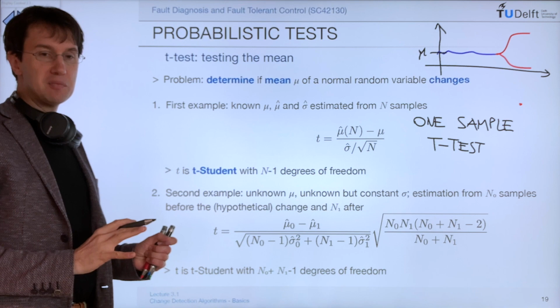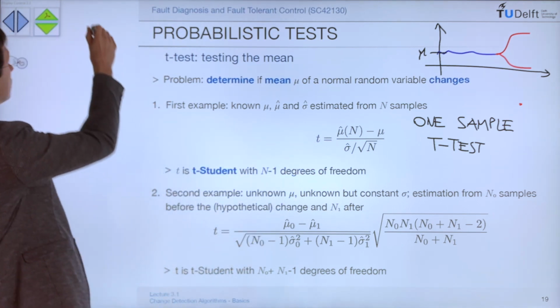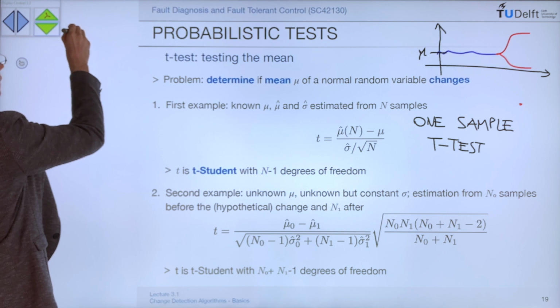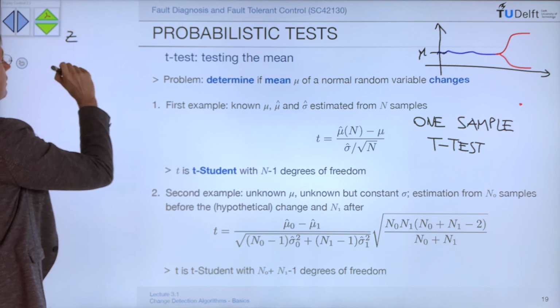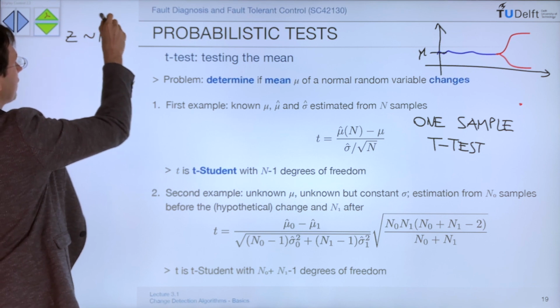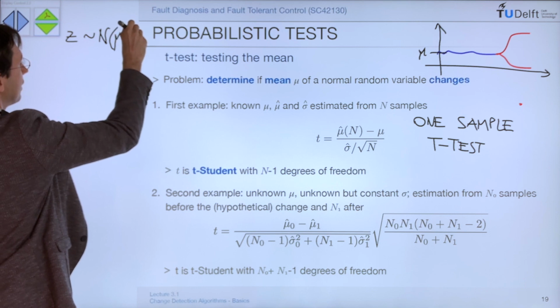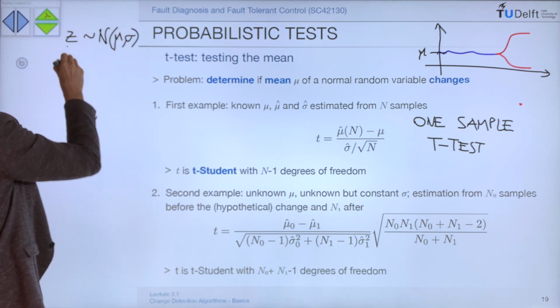So this means that to implement this test, you need to take your variable z, which we assume is a normal variable with mu as a mean and some sigma as a variance.